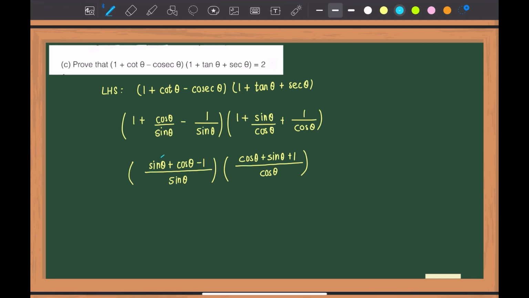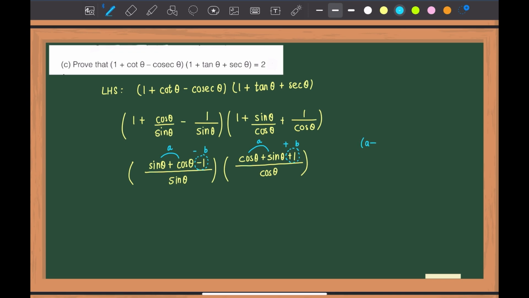I can see that sine plus cos theta and sine plus cos theta are very much similar. The only difference is that this portion is with a minus sign and this portion is with a plus sign. What I can say is that this is acting as something A and this as B. There is a plus sign, there is a minus sign.